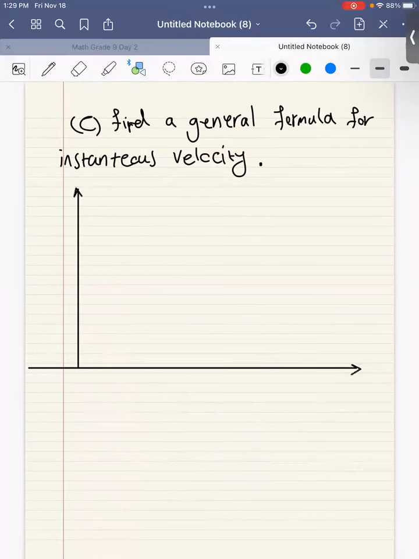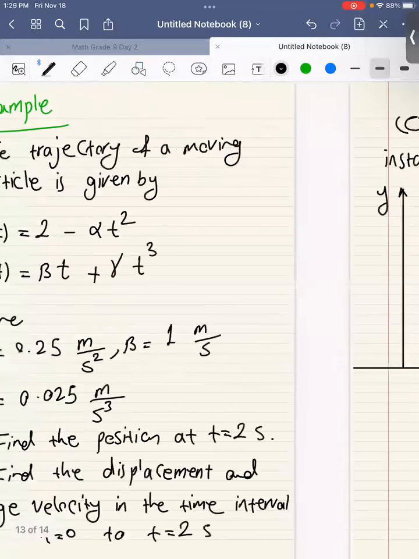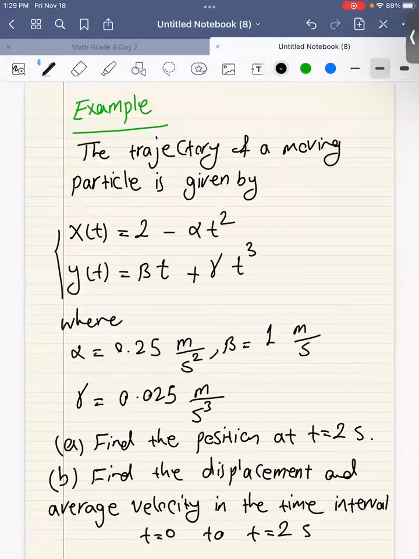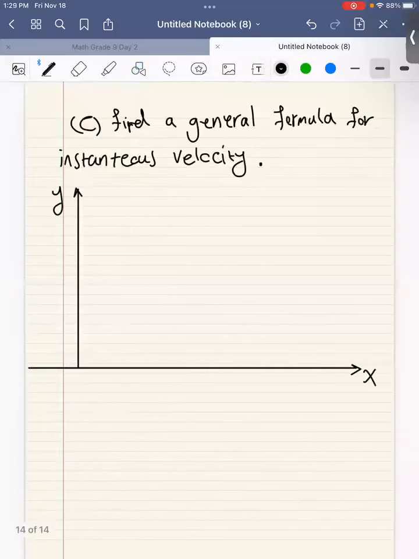First, tell me this. What is the position at time 0? It's 2, 0. Okay, so this is the position R0. I just say R0 is equal to 2 and 0.